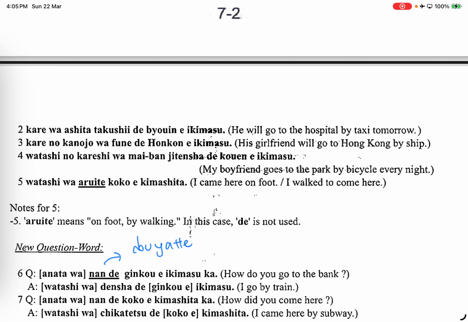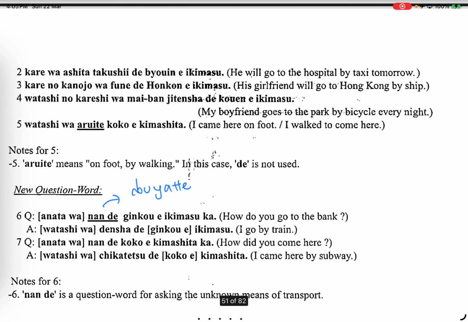So go to Hong Kong by boat. So we just reverse the entire sentence. Number 4. 私の彼氏は毎晩自転車で公園へ行きます。So by bike to the park, he go to park by bike every night. So the sentence structure is reversed as per English.